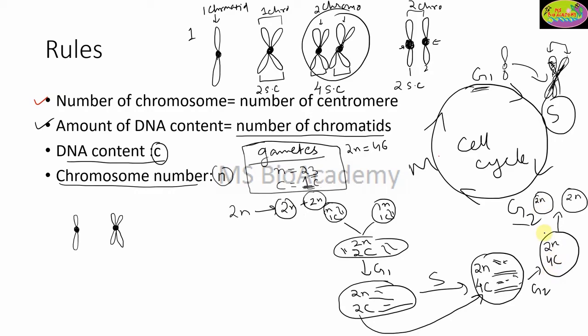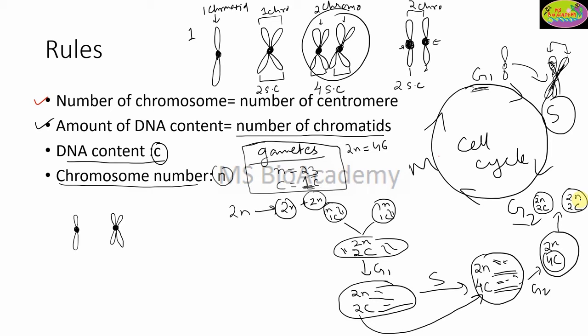The DNA content will again be restored to 2C, right? So 2C, one copy each, will go to the daughter cells. That's why it became 4C here, because it needs to be equally distributed in the two daughter cells, right? So that is how you can find out the DNA content, and you can find out the number of chromatids and the number of chromosomes.